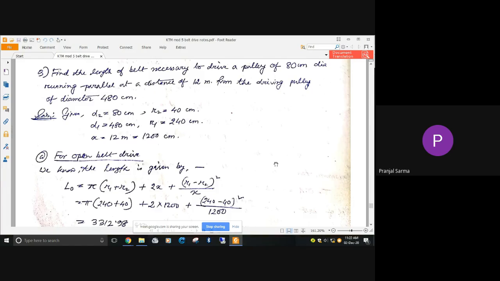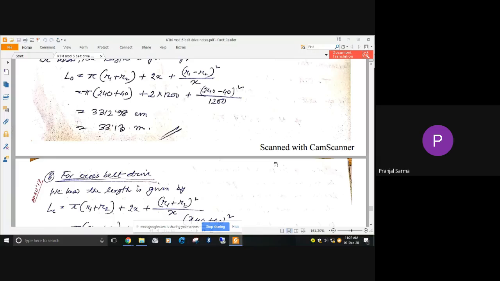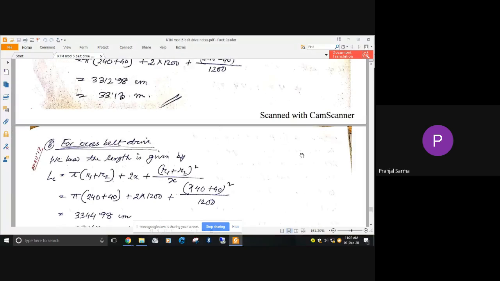There we solved the length of the belt required for open belting as well as cross belting. We saw that for the same application, the length of the cross belt is somewhat more than that of open belting.